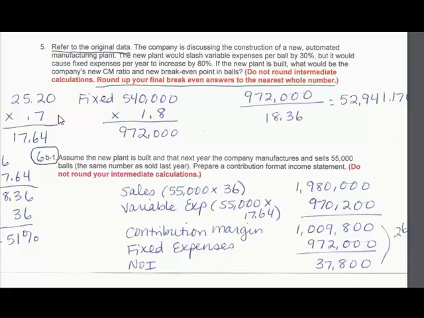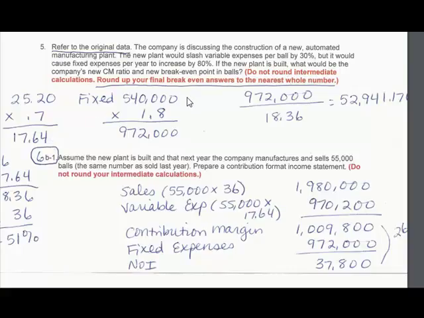As a shortcut, since this amount is decreasing by 30%, I'm finding out what's 70% of this number, because 70% will represent my new variable expense per unit. I also could have taken this 2520 multiplied by 30% and then subtracted that from the 2520 to get the 1764.